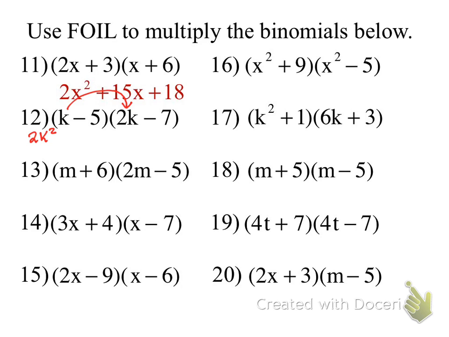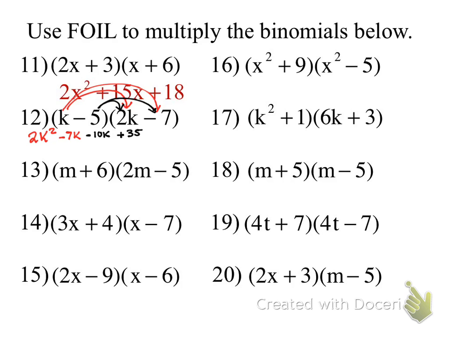And then when I multiply k times negative 7, what do I get? Negative 7k. Yep. And then when I multiply 5 times 2k, what do I get? Negative 10k. Good. And then when I multiply 5 times negative 7, 35, positive or negative? Positive. Negative times negative makes a positive.